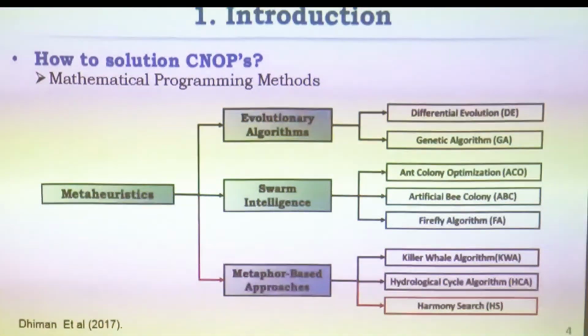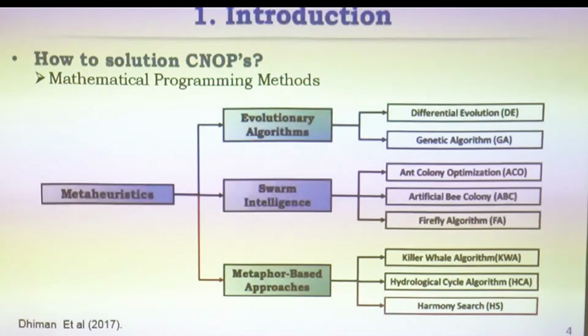There are many methods. One of these is mathematical programming methods. Another, which is highlighted in these topics, is metaheuristics. Metaheuristics can be classified in three groups: evolutionary algorithms like differential evolution or genetic algorithms, swarm intelligence like ant colony optimization, artificial bee colony, and the firefly algorithm, and metaphor-based approaches like killer whale, hydrological cycle, and gravitational algorithms.